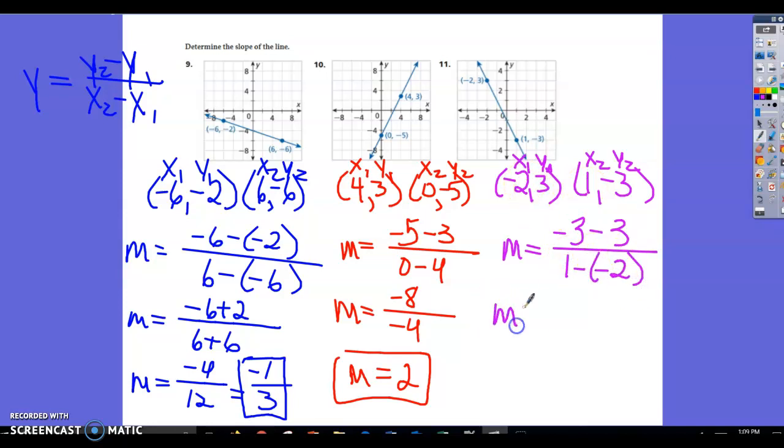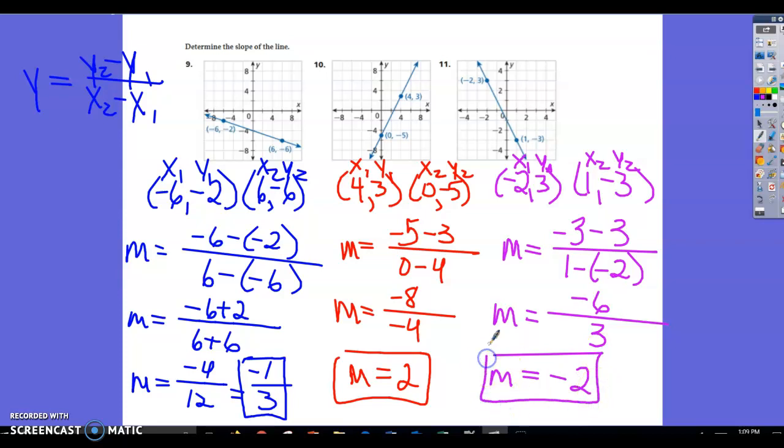And then I just simplify. So I've got -3 minus 3 is -6. 1 minus a -2 makes that +2. 1 plus 2 is 3. -6 divided by 3 is -2. So using 2 points pulled from a graph, you can use the slope formula to find those slopes.